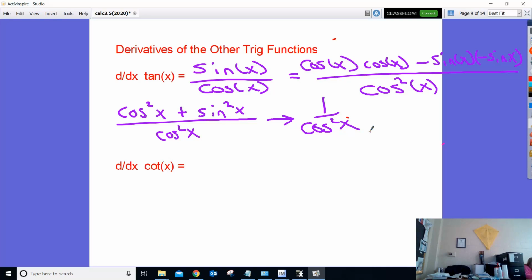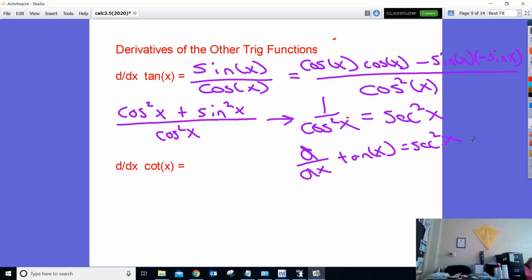What's 1 over cosine from your trigonometric quizzes? Secant. What's 1 over cosine squared? Secant squared. So the derivative with respect to x of tangent of x is secant squared of x.